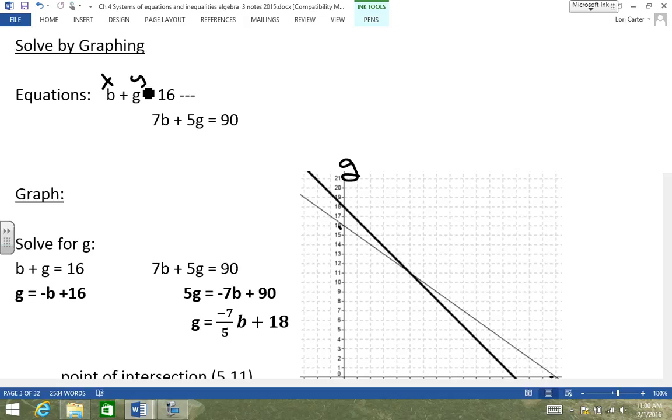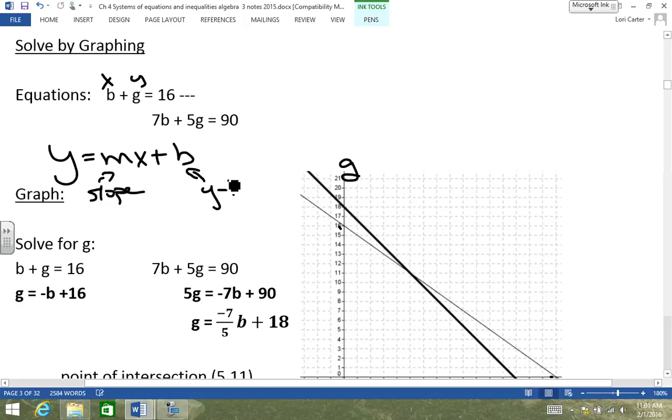Because what form of a line do we want? Linear, y equals. You're looking for this, so you can graph your slope and your y-intercept.